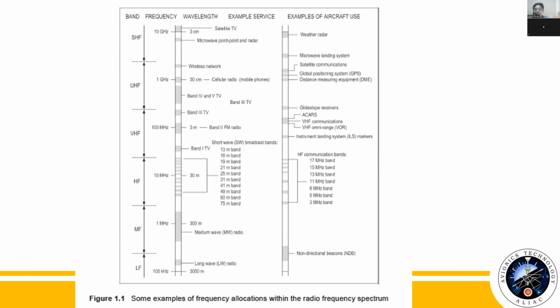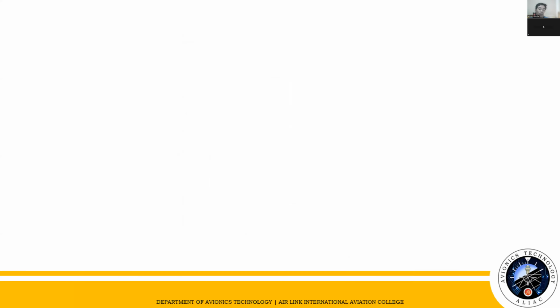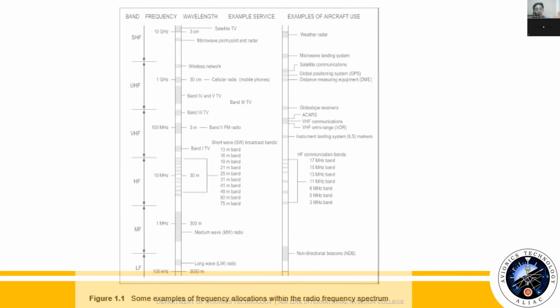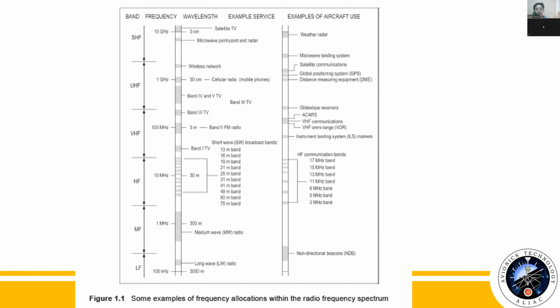It is also worth noting that although it may appear from the figure that a great deal of radio frequency is not used, it should be stressed that competition for frequency space is fierce and there is in fact very little vacant space.